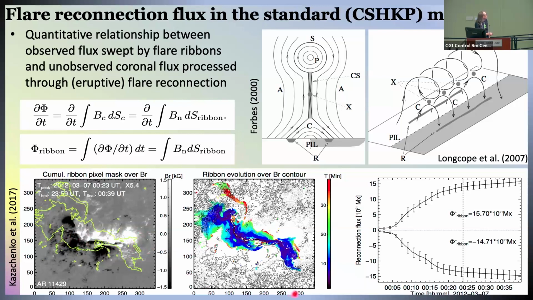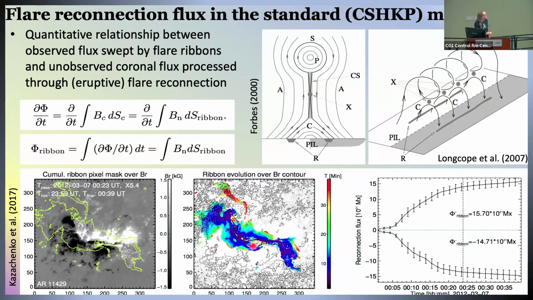And so what this kind of image of a flare means is the blue pixels were the first reconnected flux areas. And then as you go in rainbow, that's time evolution.